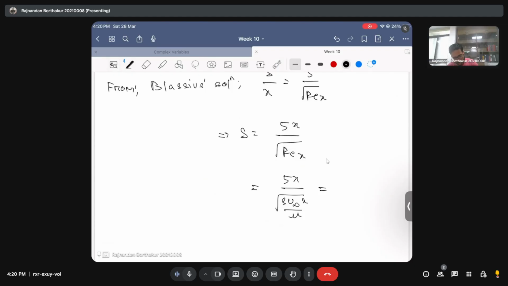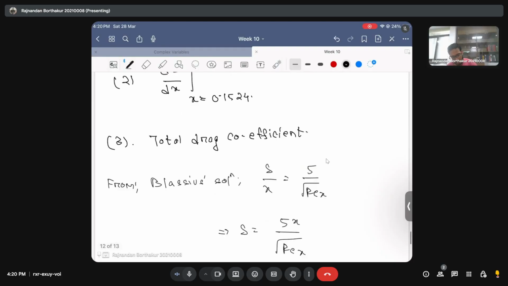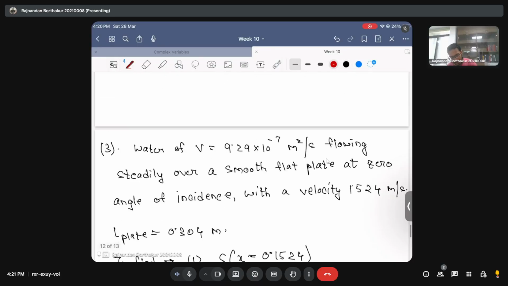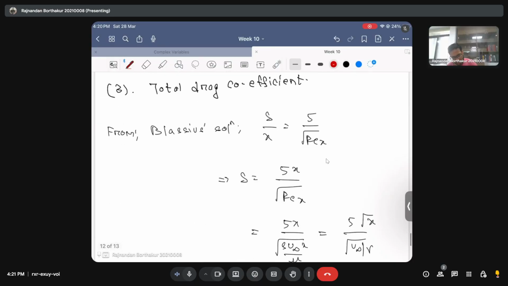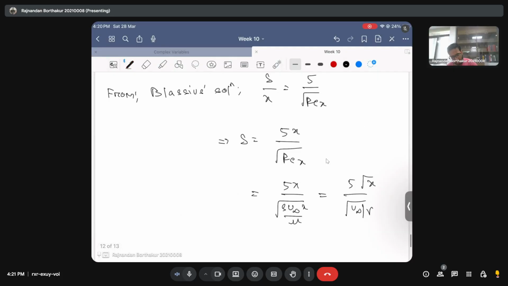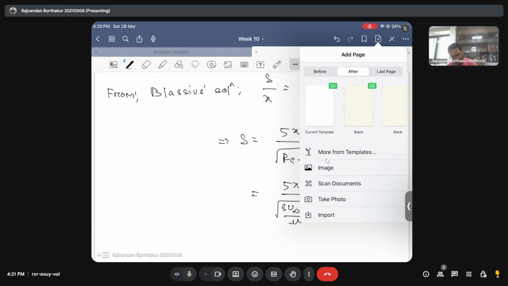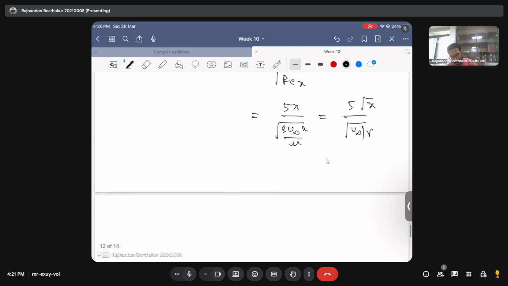Which means I can write it as 5 times root x by square root of u infinity by mu. Because the kinematic viscosity is given, I'll write this in terms of nu, and then that's it. You just need to substitute your values in order to get the value of delta of x. So this will simply be equal to 5 by square root of u infinity by nu, and then square root of x.